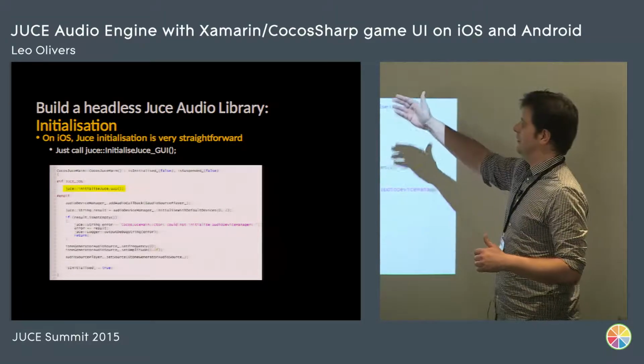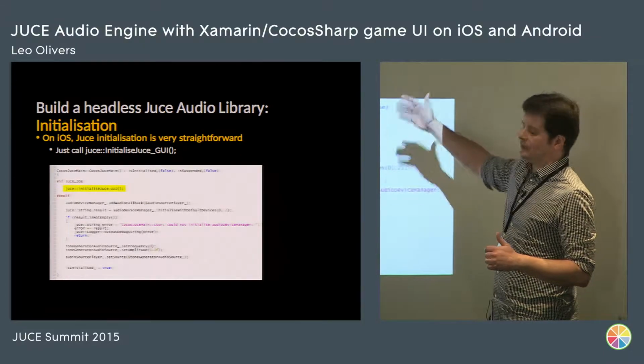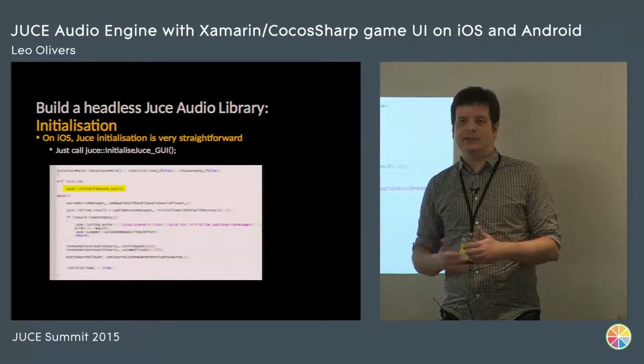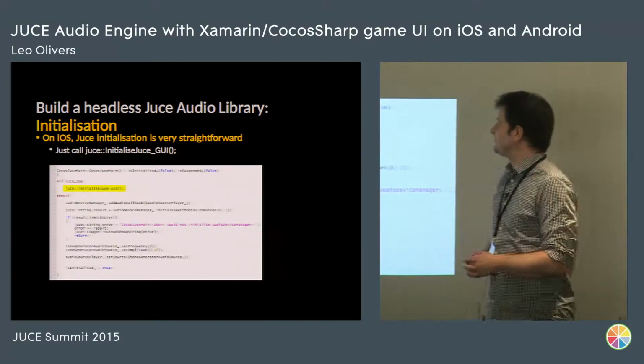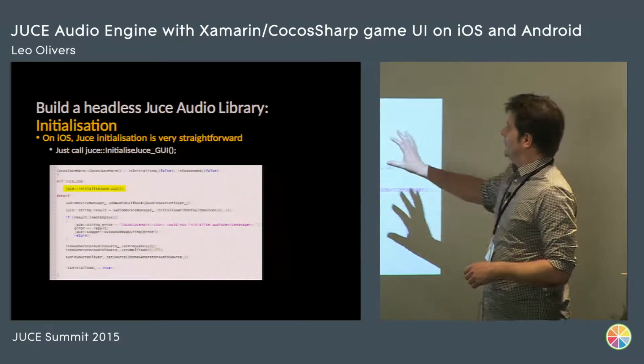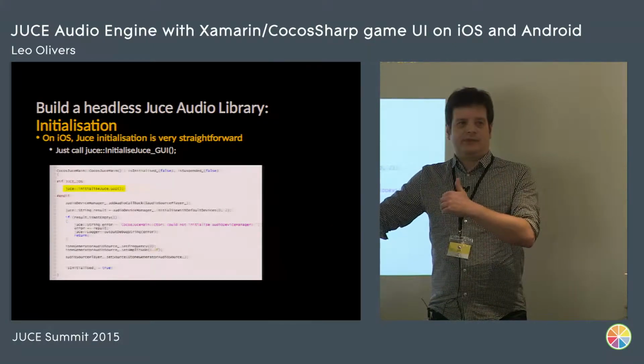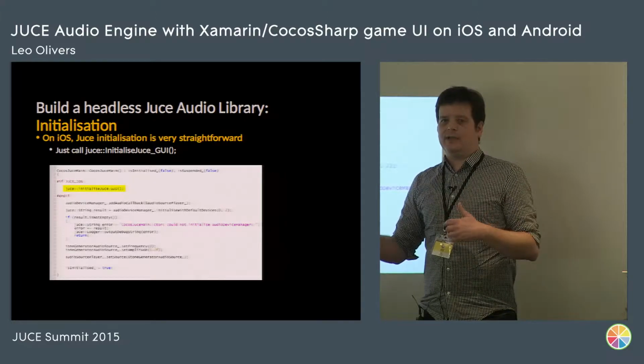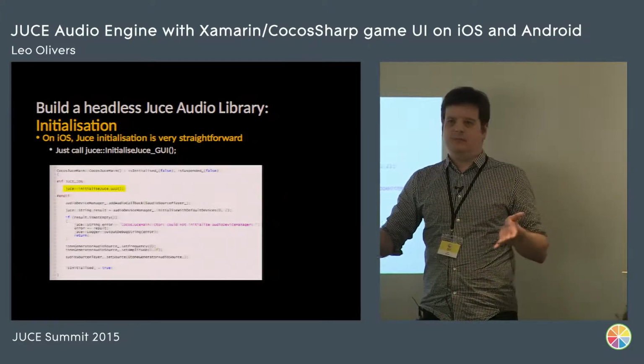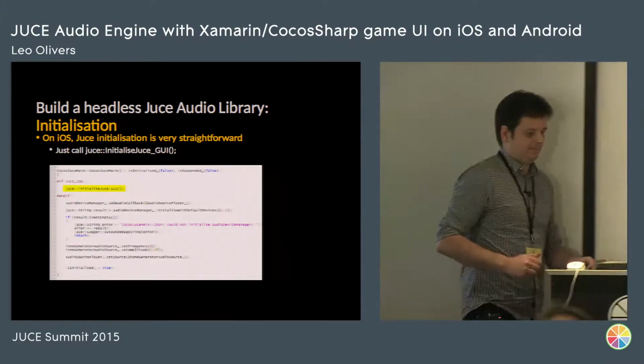So this also initializes the rest of the JUCE system, including the audio system. We call this typically in the constructor of our main entry point class in our library, so that we have a kind of lazy initialization here.